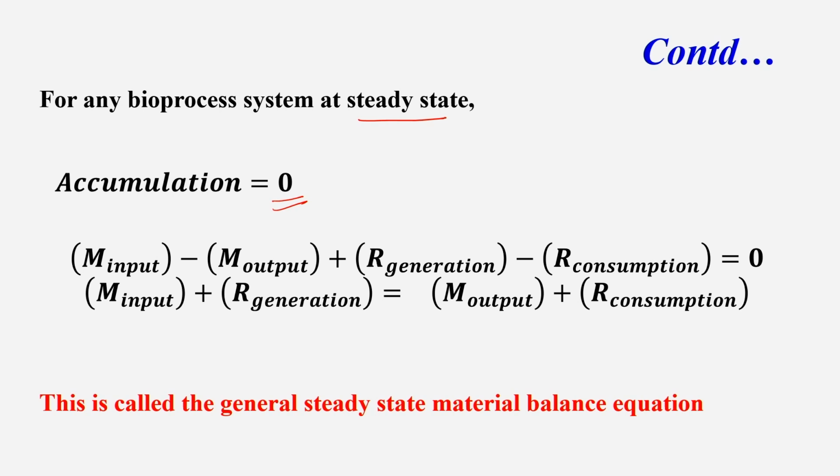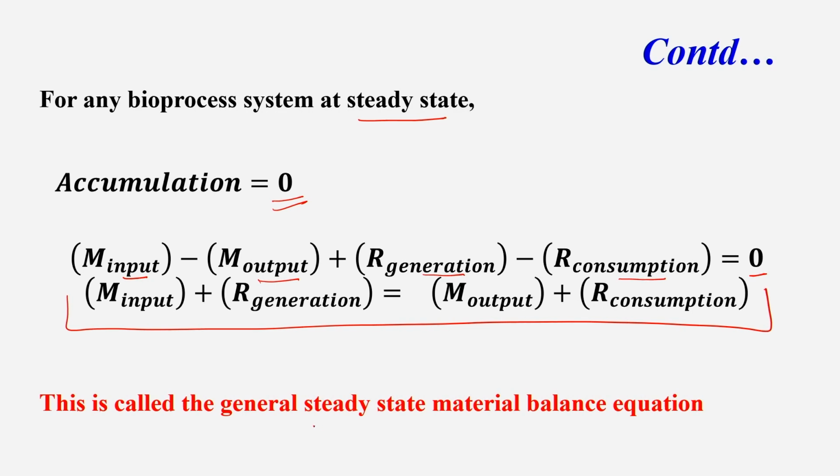So, in the mass balance equation, that was in minus out plus generation minus consumption equals to 0, because accumulation term is 0, and if you just rearrange it, this will be in plus generation equals to out plus consumption, and this modified equation is called general steady state material balance equation, because here the accumulation term is 0.